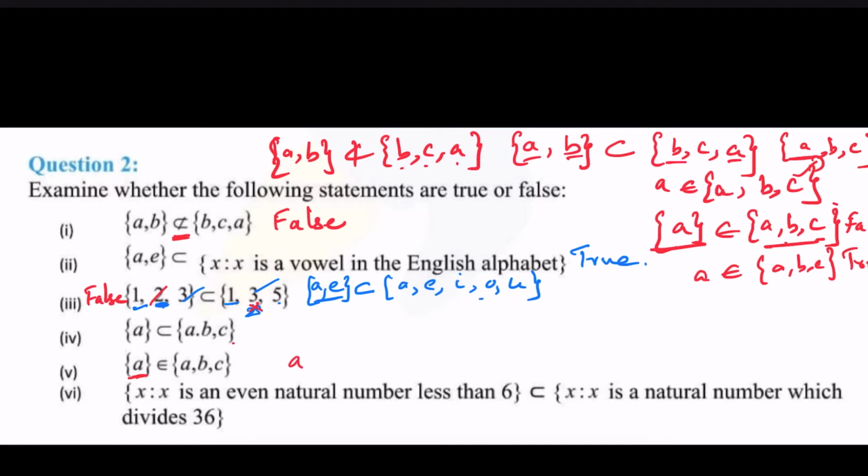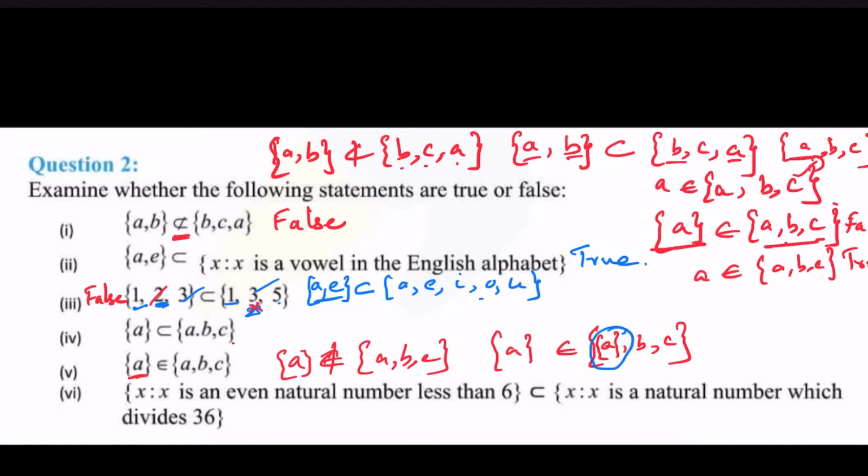You can say that the element A belongs to {A, B, C}, but when you write it within braces, you cannot say that it belongs, because a set belongs to a set only when {A} is itself written as an element inside. Then you can say that this element belongs to the set. But when it is in this way, you cannot say that this belongs to this. So the fourth one is a true statement, it is a subset.